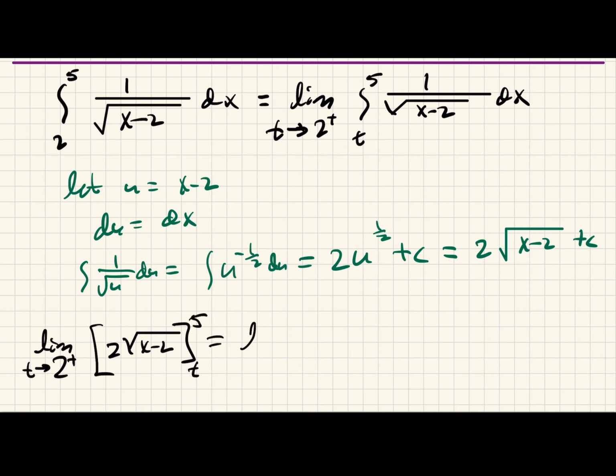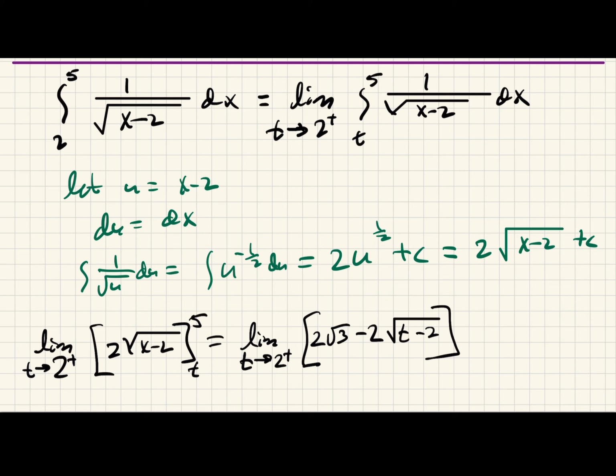So we have the limit as t goes to 2 from the right. Now let's see. I'm going to put 5 in for x, so that's going to be the square root of 3. So I'll have 2 square root of 3. And then I'm going to put t in there, so minus 2 square root t minus 2.